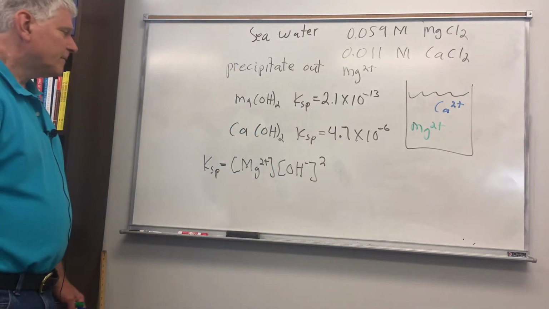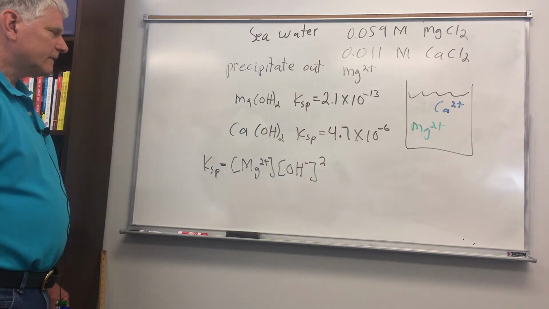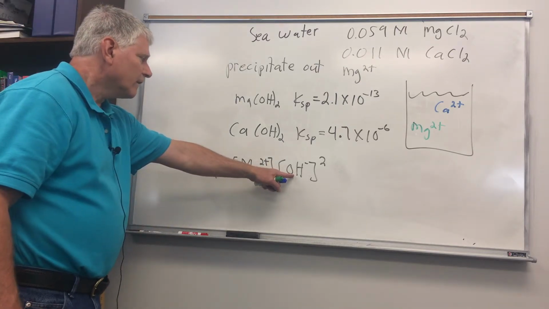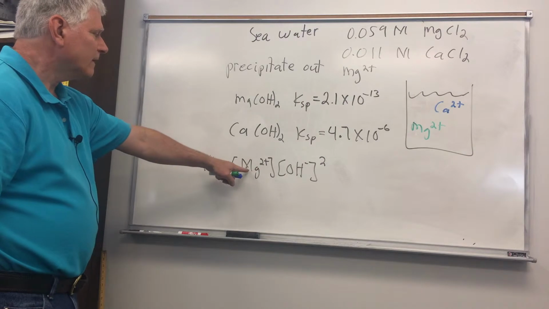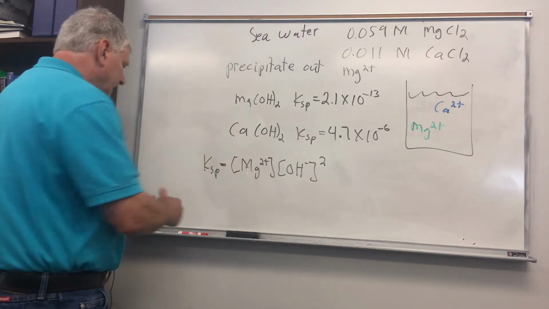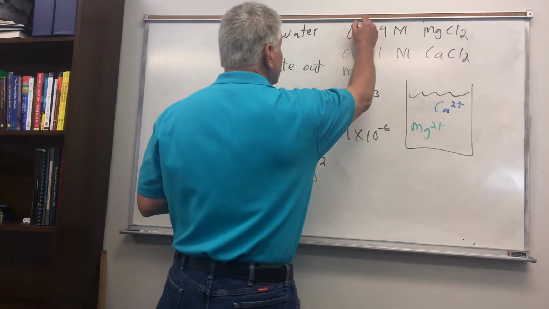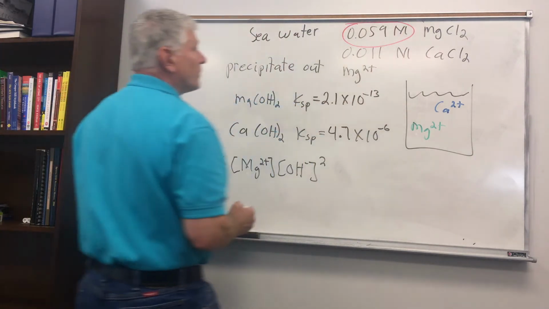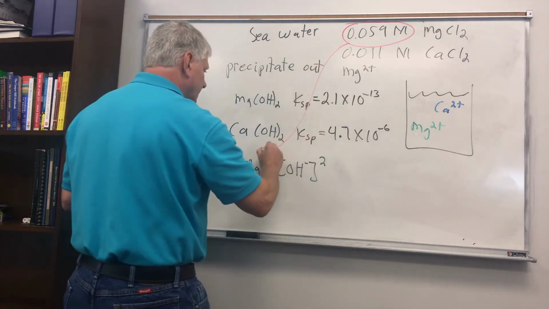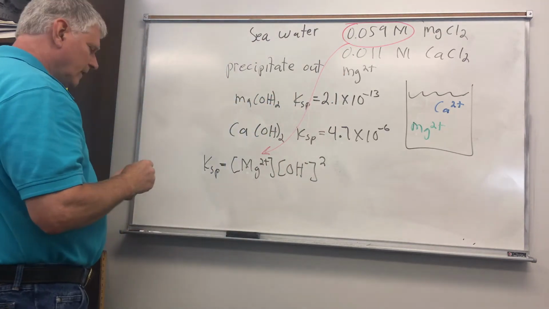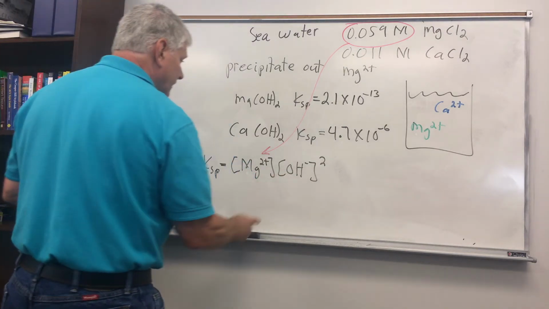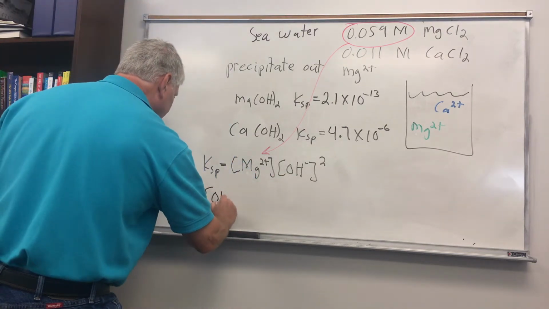So that's the KSP for magnesium hydroxide, and we can solve for the OH concentration knowing the magnesium 2+ concentration. And the magnesium 2+ concentration is this right here, because that's how much we have dissolved in water. So we put that into our magnesium 2+ term, and we solve for the OH minus concentration.